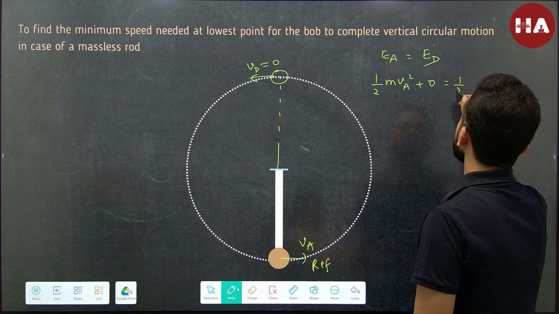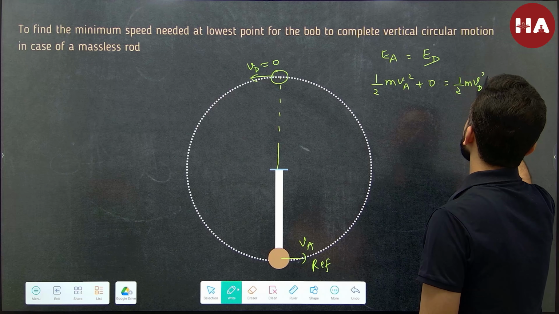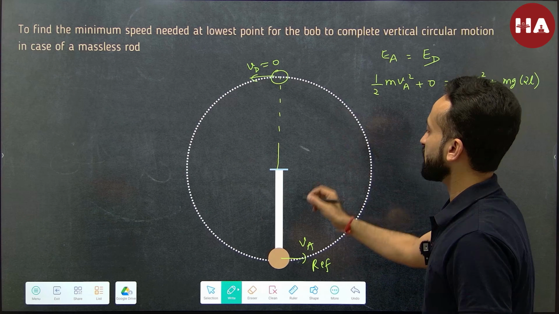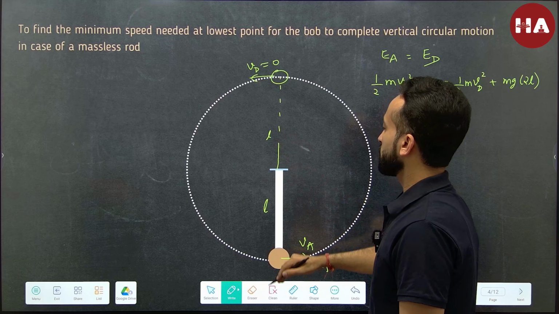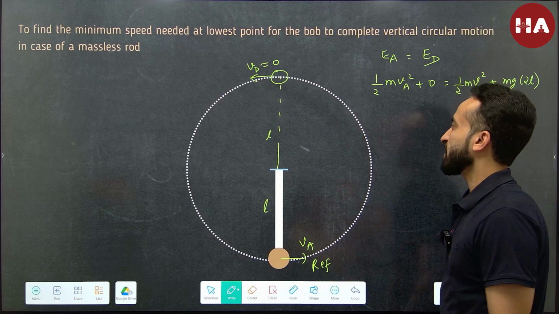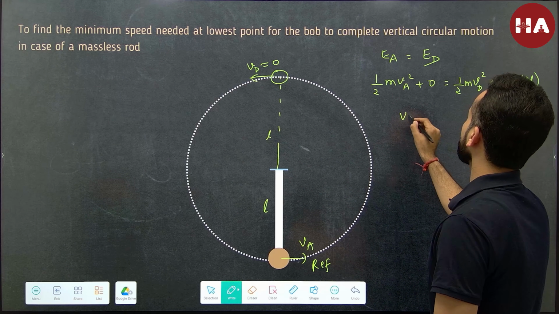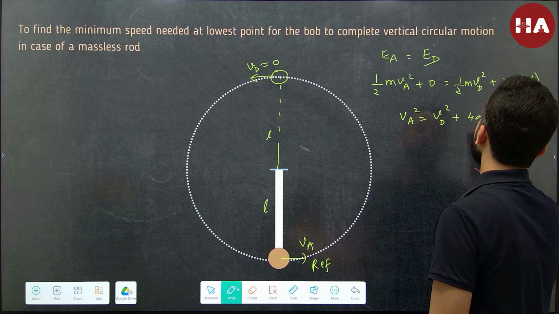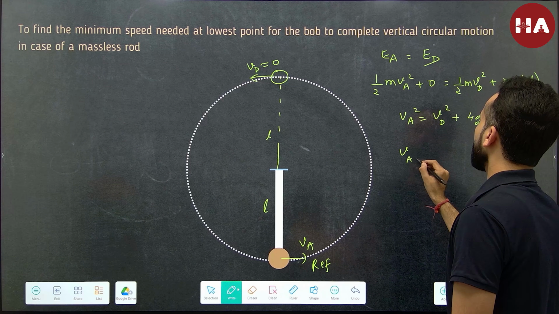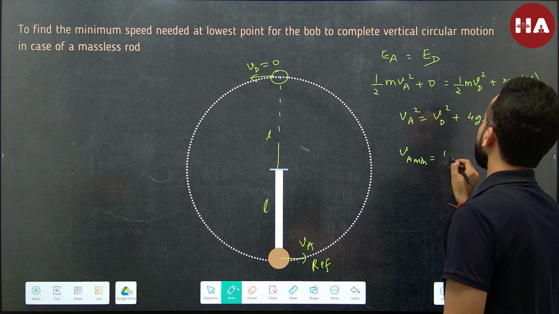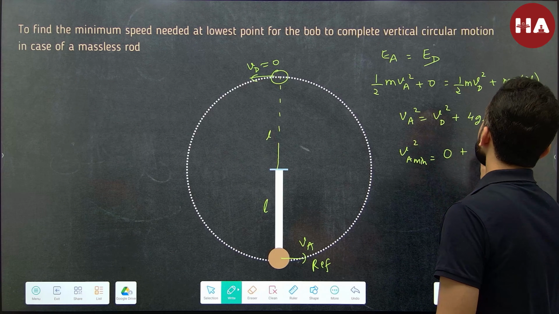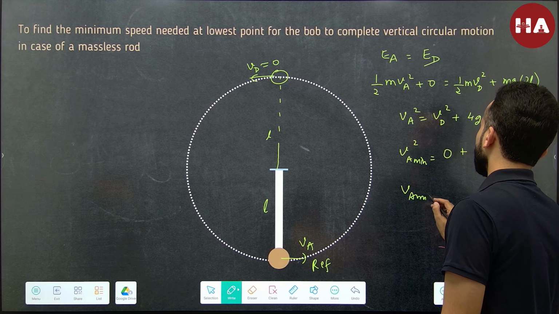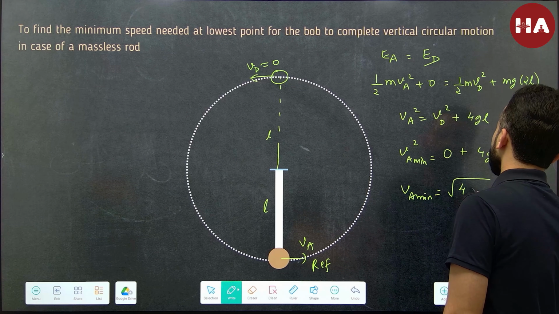So this is going to be half m VD square plus mg times 2L. 2L is again the height of point D with respect to A, and what it turns out to be is that VA square equals VD square plus 4gL. But if we want to find the minimum velocity, then we can take VD as 0. So it's going to be 4gL. So VA minimum is going to be under root of 4gL.